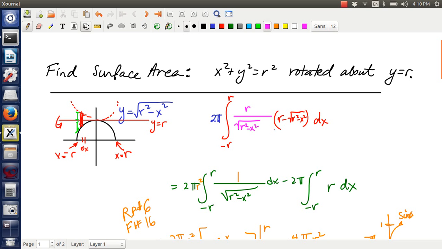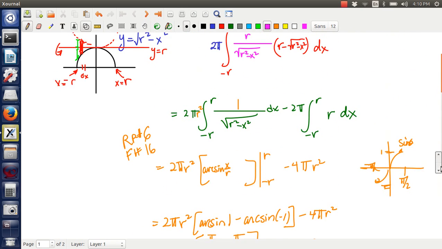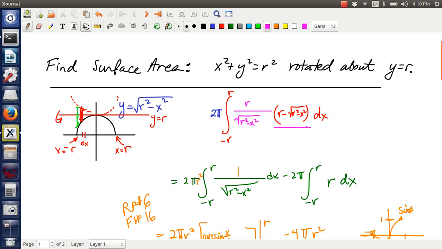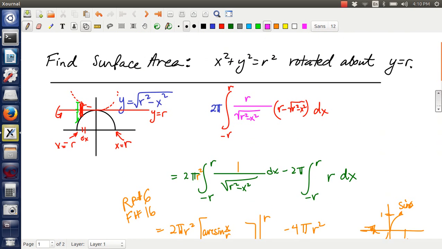Not sure what else I can do, and I double checked all the steps, and the thing that bothers me is that I really have to do this r minus this function, and that fundamentally splits this up into 2 pieces. There's a part that has an r squared in it, and that part ends up with a pi because of this arc sine business. But the other piece I get, this piece, is going to cancel with that, okay?